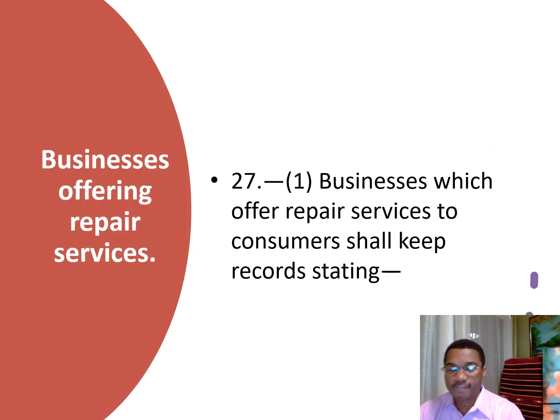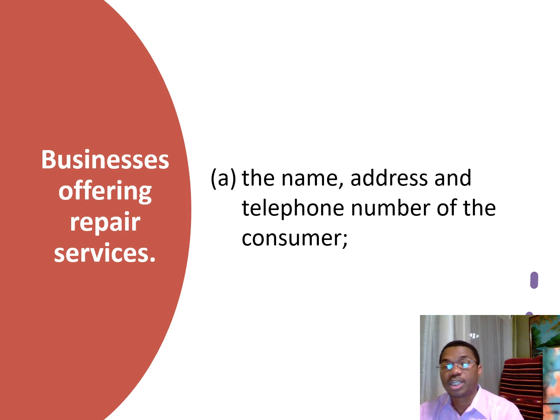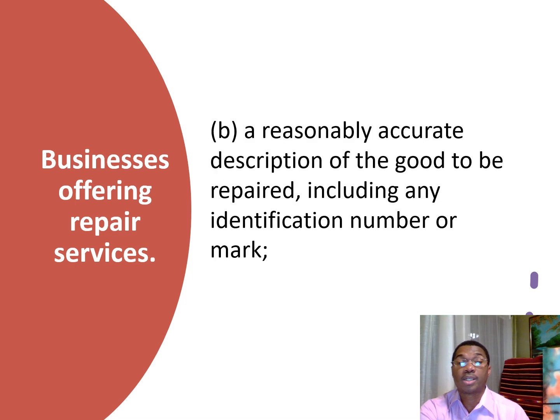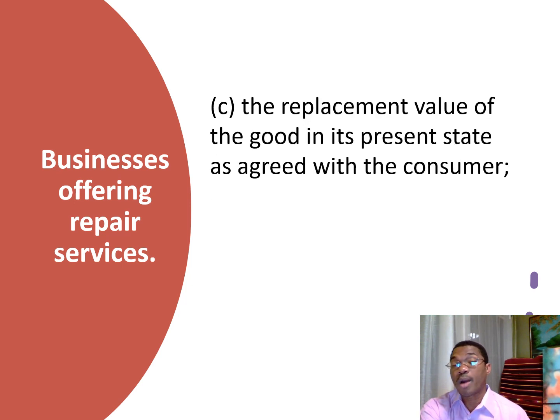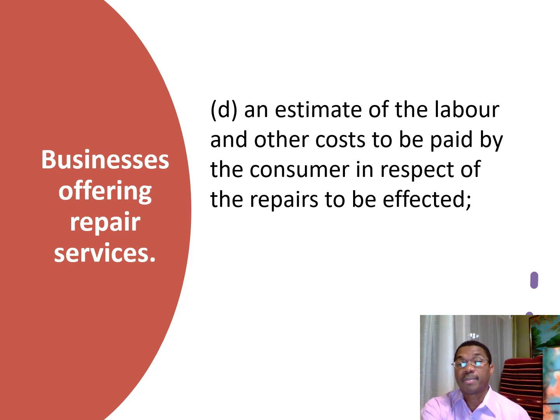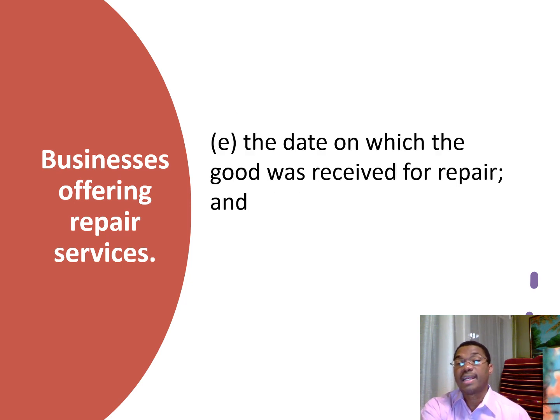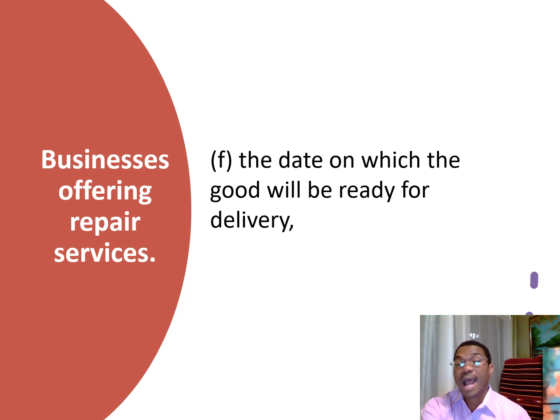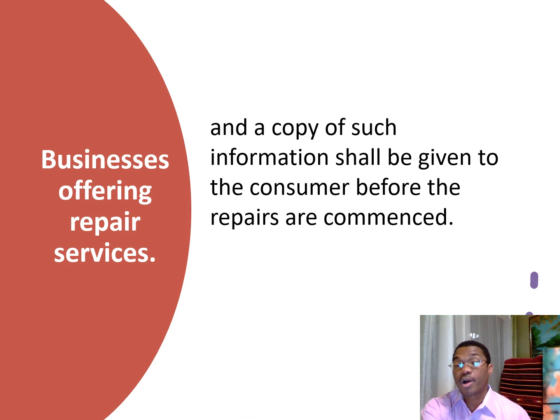So here, section 27, subsection 1 says businesses which offer repair services to consumers shall keep records, and these records shall state the name, address and telephone number of the consumer, a reasonable, accurate description of the good to be repaired, including the identification number or mark, the replacement value of the good in its present state as agreed with the customer, an estimate of the labor and other costs to be paid by the consumer in respect of the repairs effected, the date on which the good was received for repair, and the date on which the good will be ready for delivery.